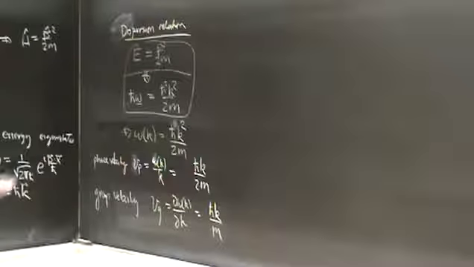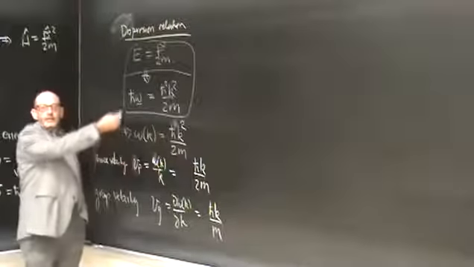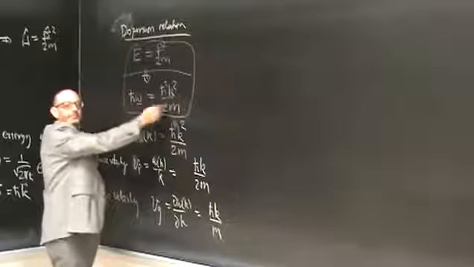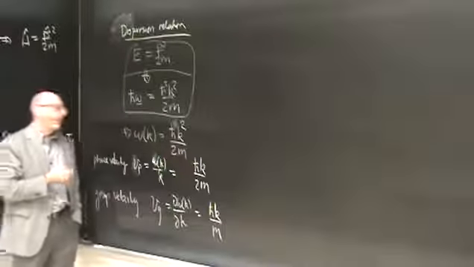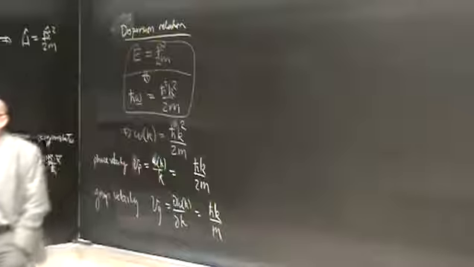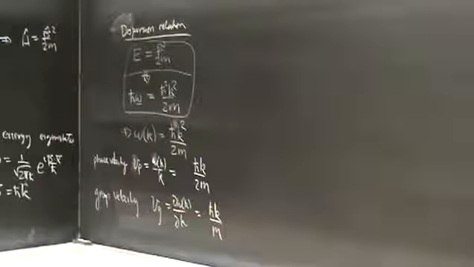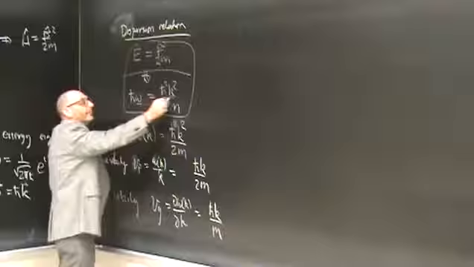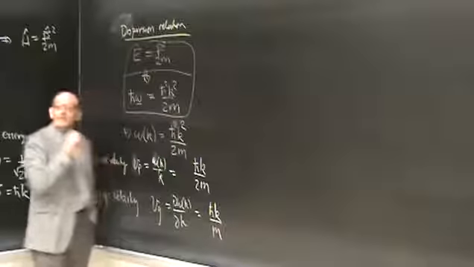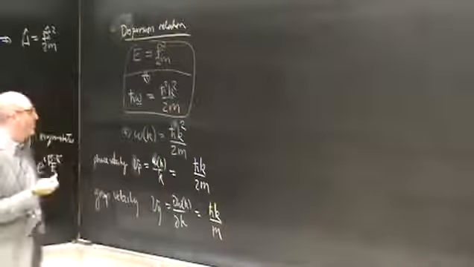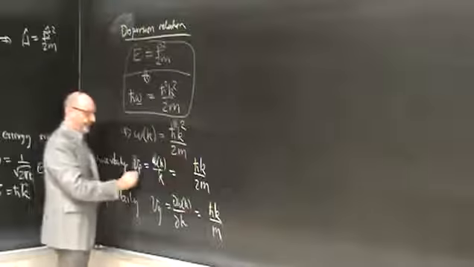And for a free particle, we have this kind of quadratic relationship, okay? Which tells us that a non-relativistic free particle of mass m has a quadratic dispersion relation, which means that the waves disperse. Different wavelengths move at different phase velocities.